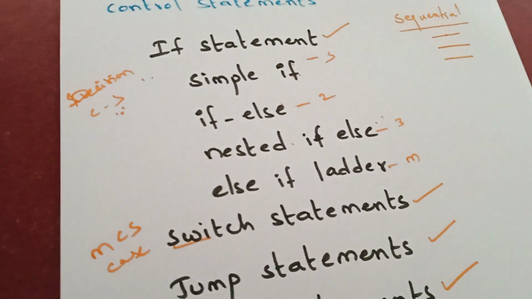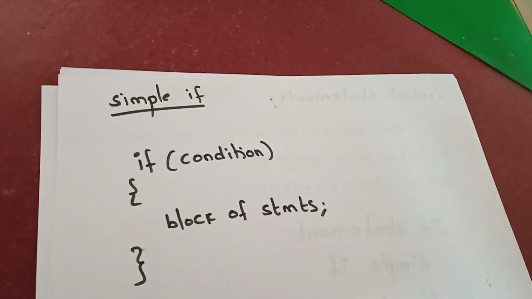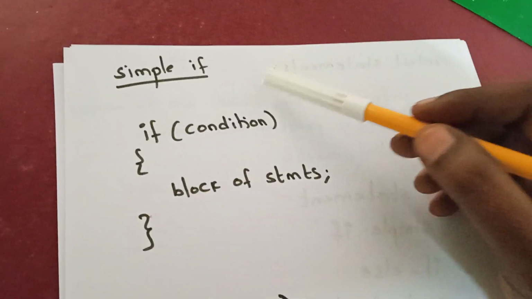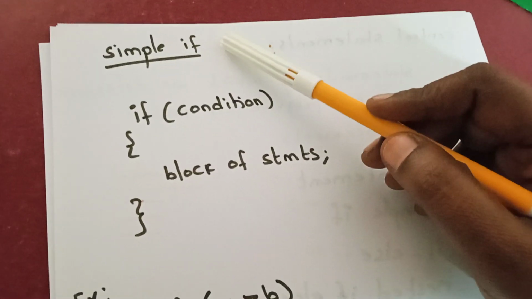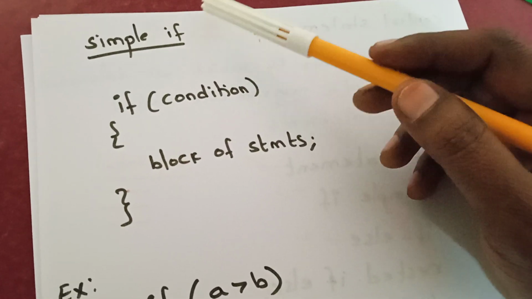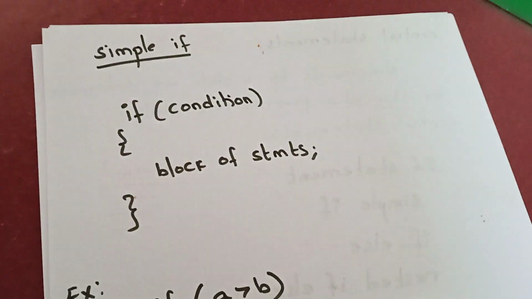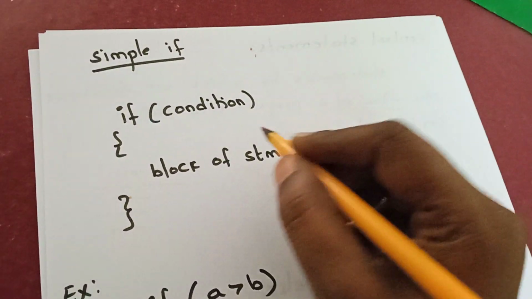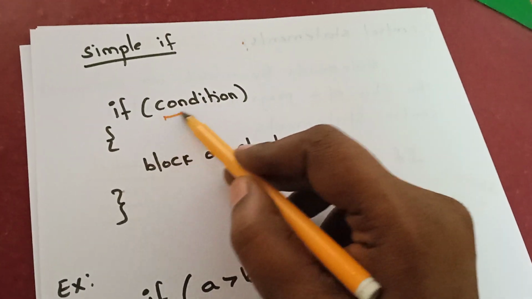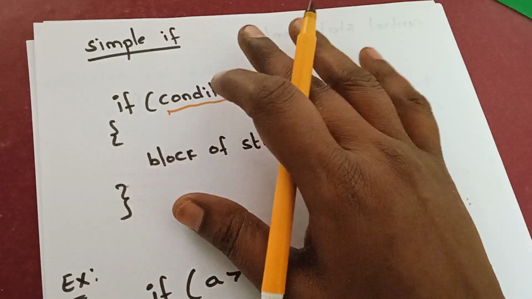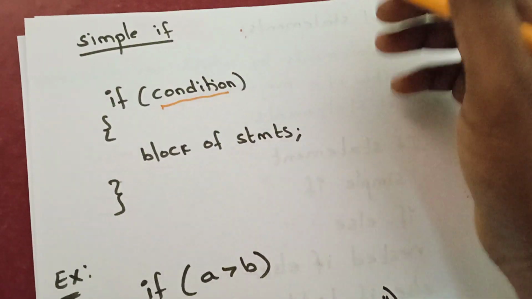Fine, let's continue with the syntaxes of control statements, the if statements. This is simple if. The syntax of simple if is: if the condition I am writing here is true. These are the statements which will be called decision control statements.